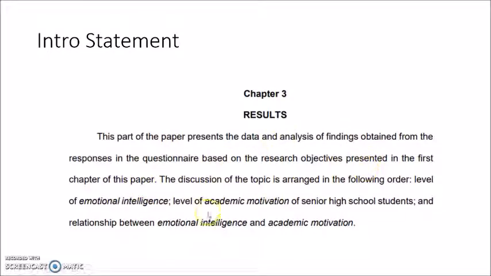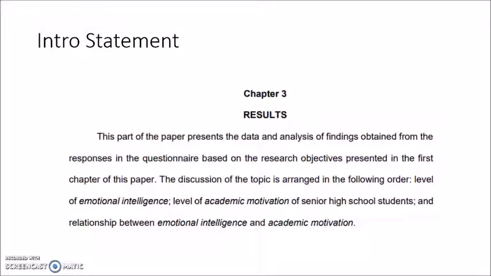So, ang result, the way na i-present dito, yung result is based on the research objectives. So, sa research objectives, unang-una, objective 1, that would be the level of your first variable. So, expected na yung unang result na i-present mo would be the level of your first variable.